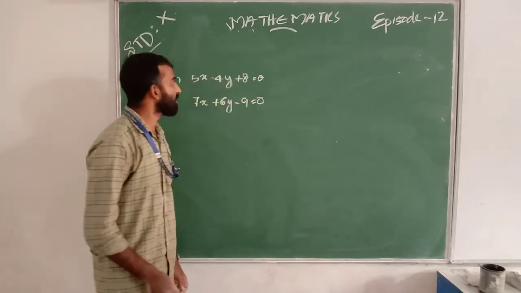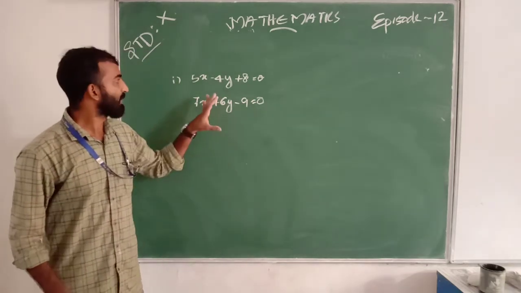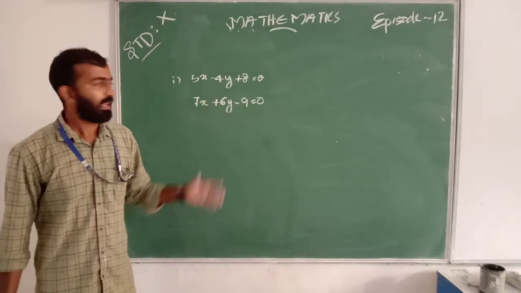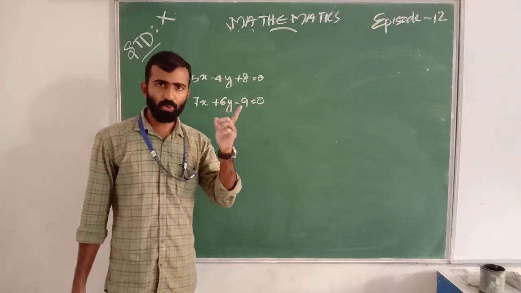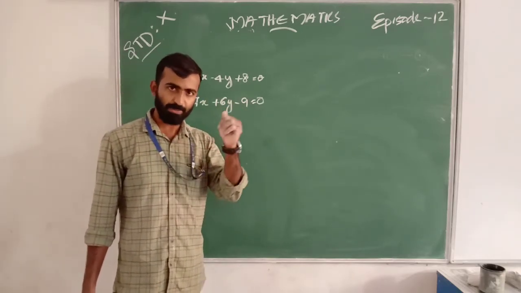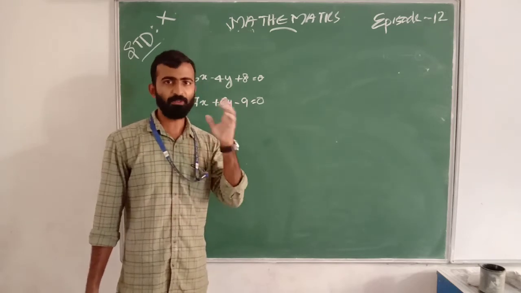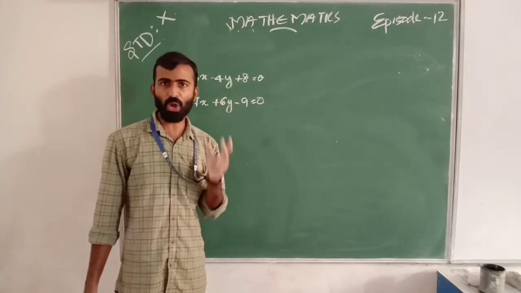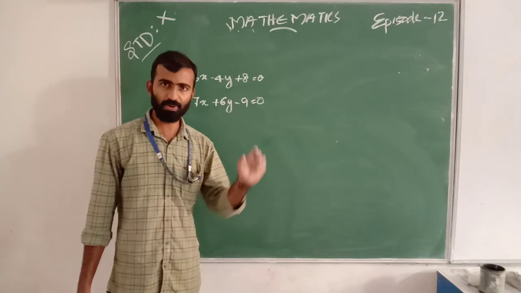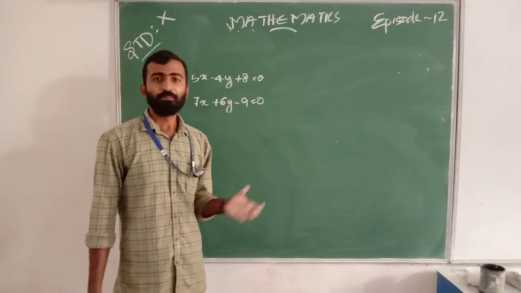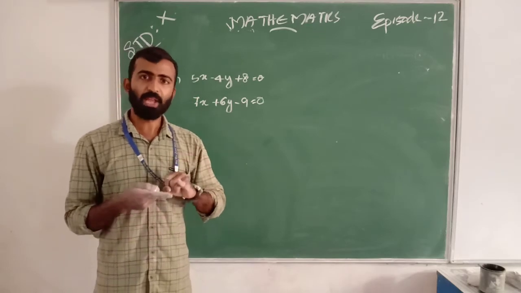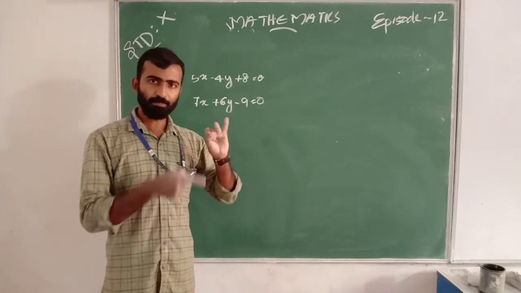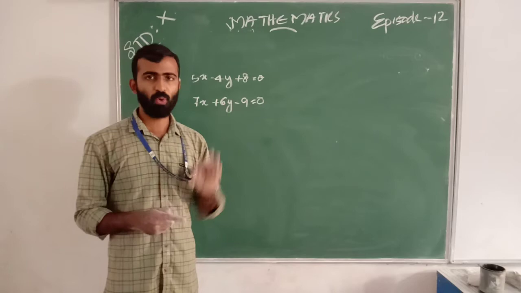Here we want to compare a1 by a2, b1 by b2 and c1 by c2. From that relation we can say whether it is intersecting, parallel or coincident.